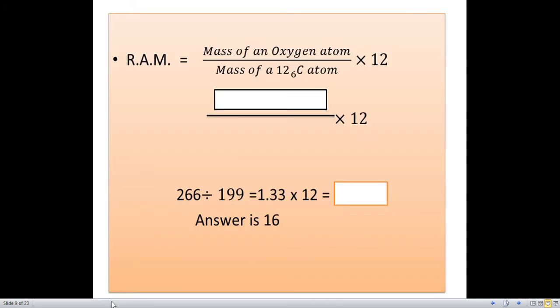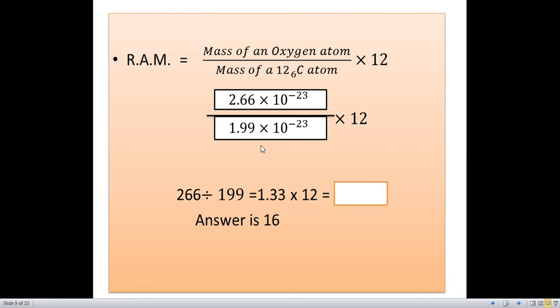Relative atomic mass equals the mass of an oxygen atom divided by the mass of a carbon-12 isotope atom, multiplied by 12. The mass of an oxygen atom is 2.66 × 10^-23, given in the question. The mass of a carbon atom is 1.99 × 10^-23.